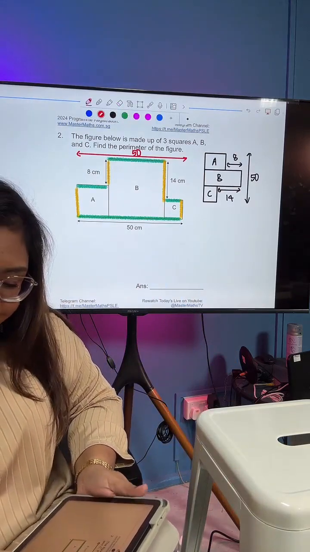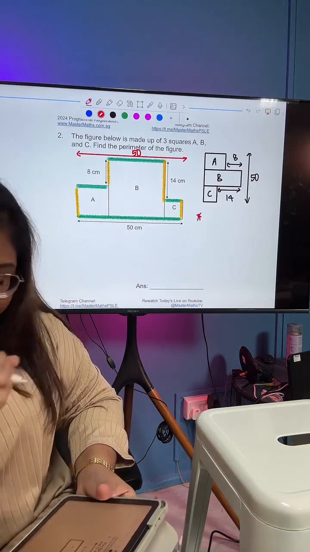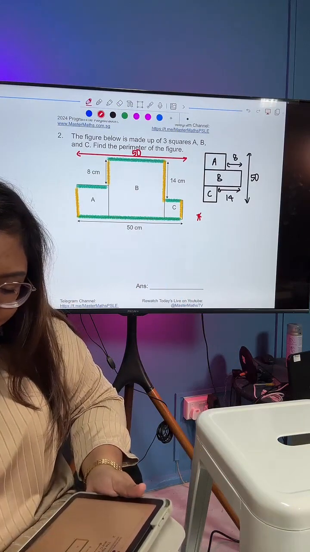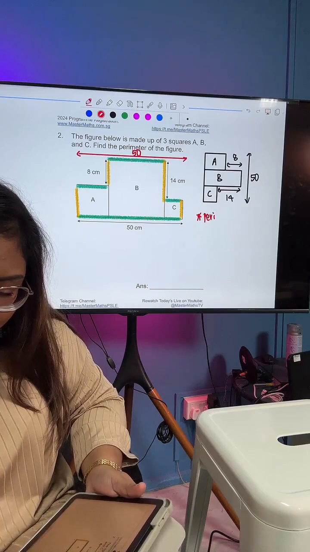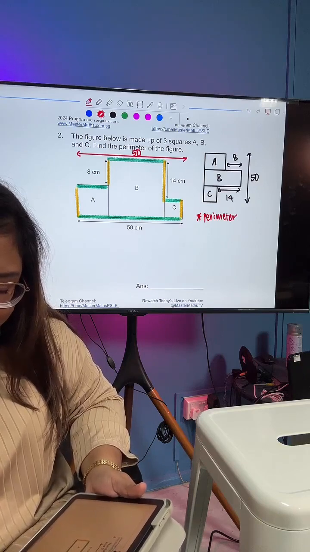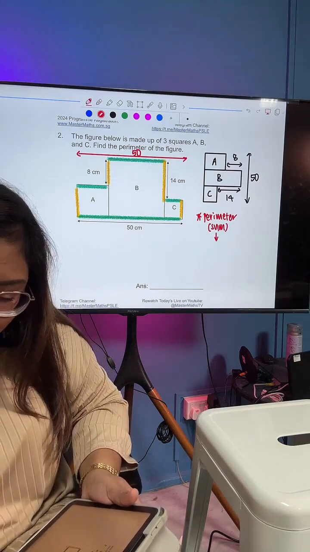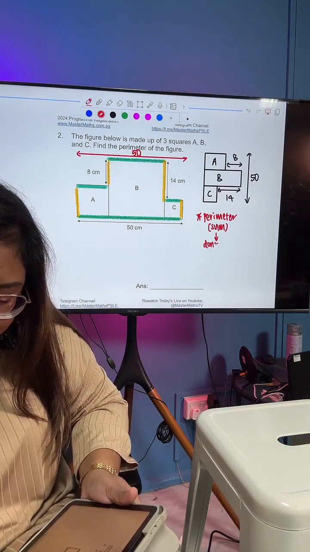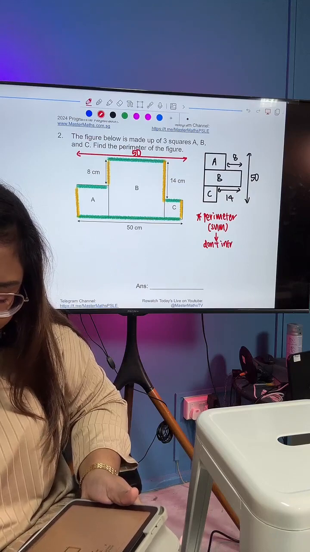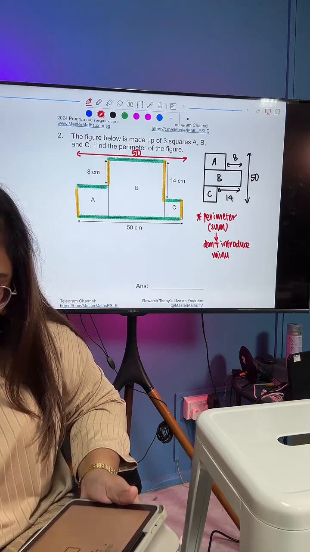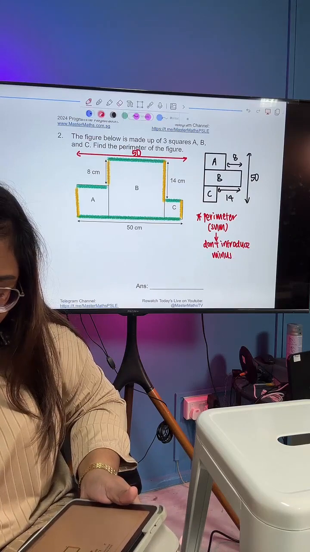Always remember, first things first, if I want to find perimeter, which means I want to find the sum, perimeter means the sum of the outlines, I don't introduce subtraction. If I want to find sum, I don't introduce minus.